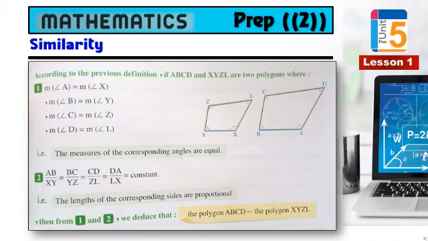And number 2, the side length AB over the side length XY equals BC over YZ equals CD over ZL equals DA over LX equals a constant ratio. It means the lengths of the corresponding sides are proportional. So the second condition also is verified. Then from 1 and 2 we deduce that the polygon ABCD is similar to the polygon XYZL, and we denote the similarity by this symbol.